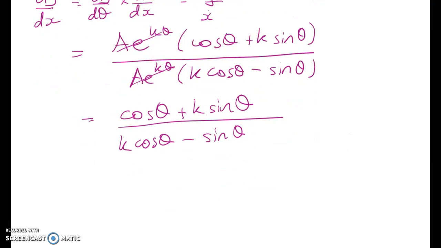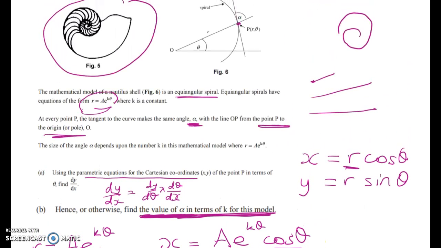But you might be looking at those sines and cosines, and you might go on to the next part of the question, and somehow you want to use this result, because the magic word that they've given is hence. In here, they've said hence or otherwise, find the value of alpha in terms of k for this model. So we want to work out how alpha is linked to k.